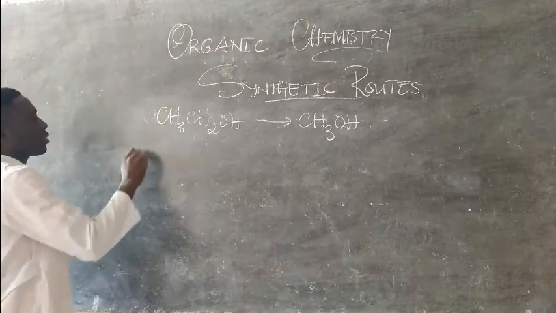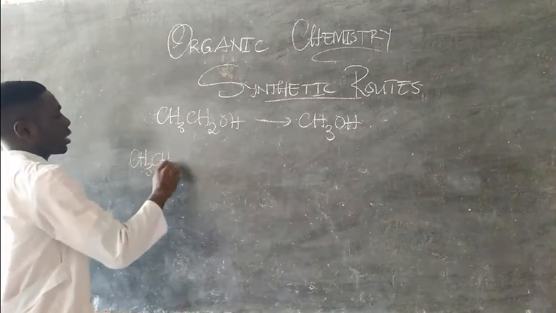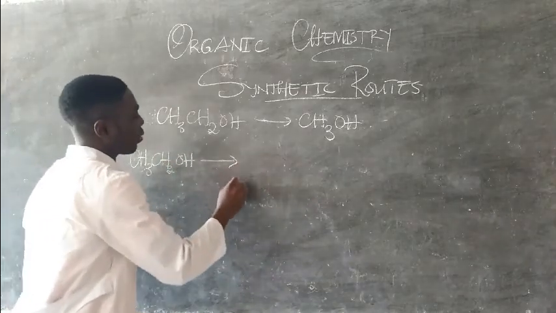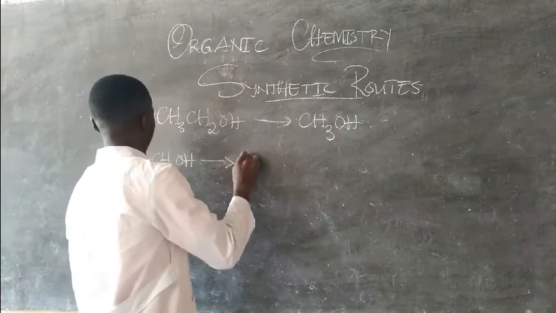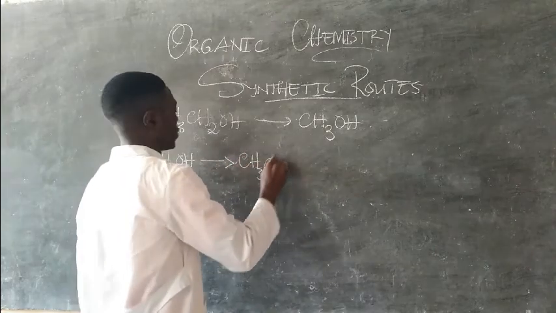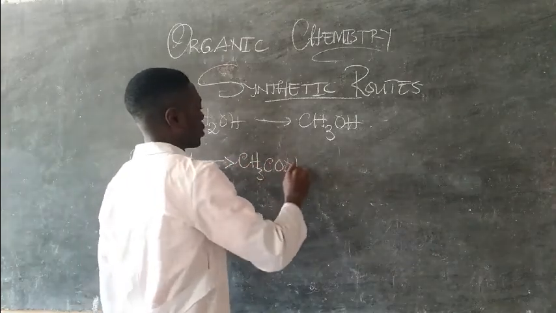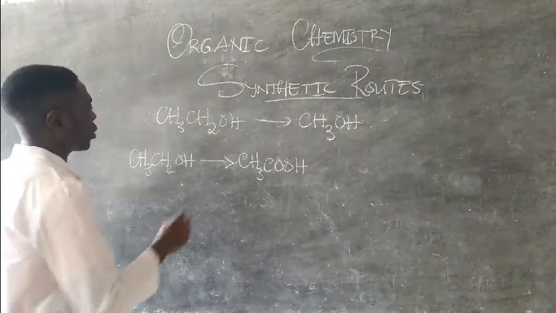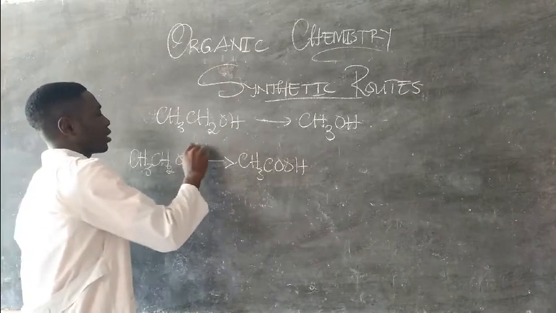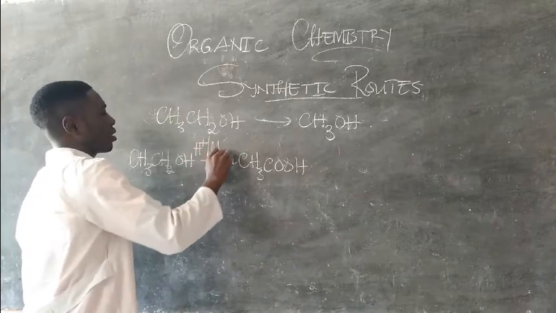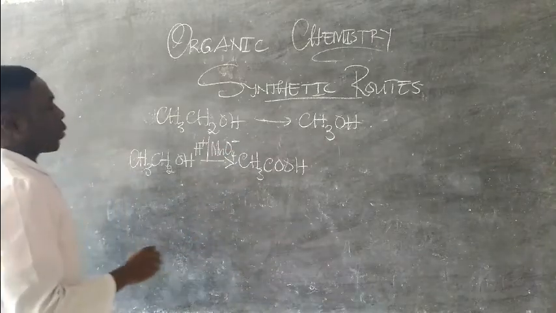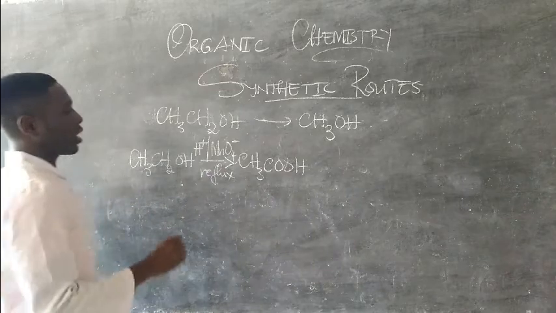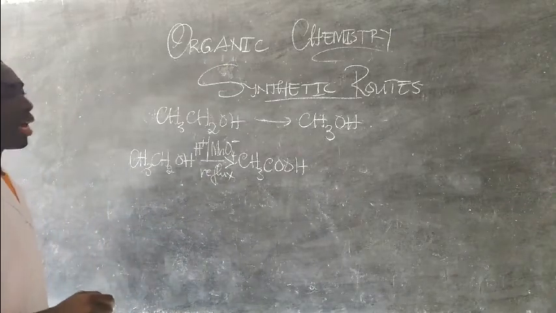Now, the first thing I do is convert my CH3CH2OH first to my carboxylic acid, CH3COOH. Remember, this is a primary alcohol. I can undergo double oxidation using acidified potassium permanganate. When I use acidified potassium permanganate under reflux, I am going to obtain a carboxylic acid.